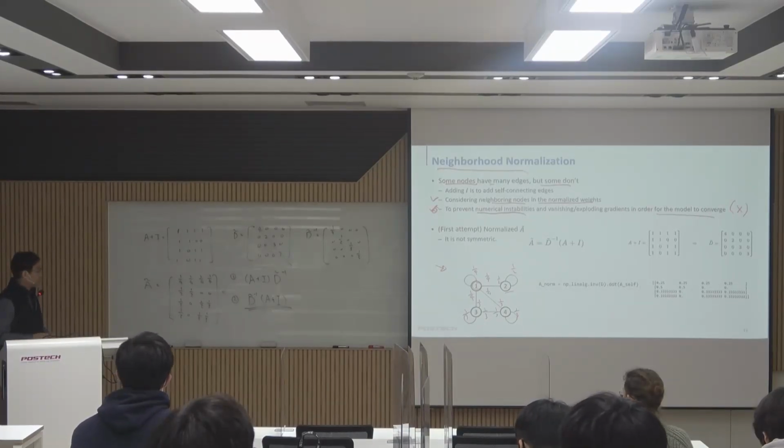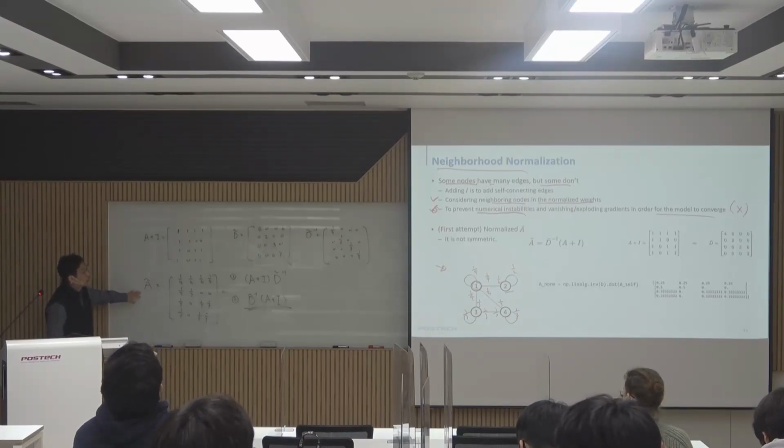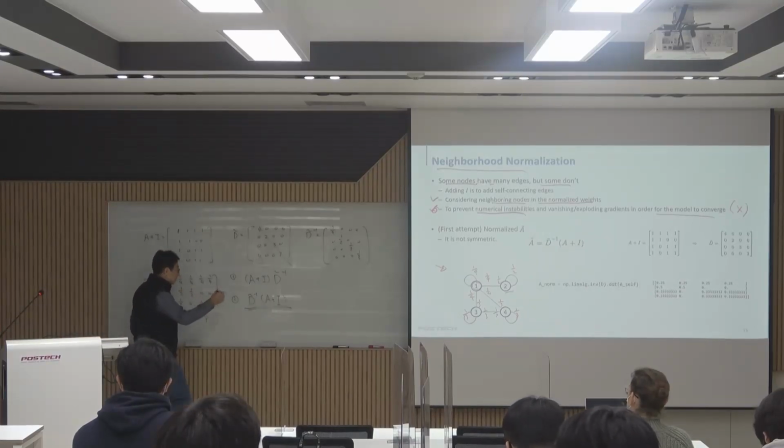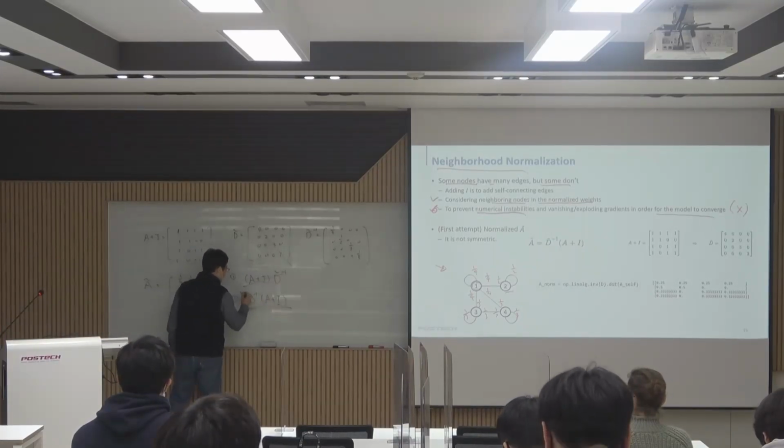To normalize it, to get the neighborhood normalization matrix, or this matrix, in this case we indicated the A tilde matrix. I mean, you have to think about it. This is the guy.